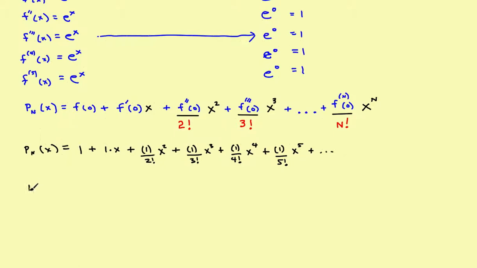This is going to be the polynomial, and I'll just rewrite it. It's going to be equal to 1 plus x plus x squared over 2 factorial, then plus x cubed over 3 factorial, plus x to the 4th over 4 factorial, and for what we've done, plus x to the 5th over 5 factorial.